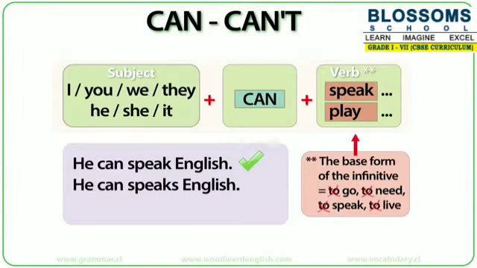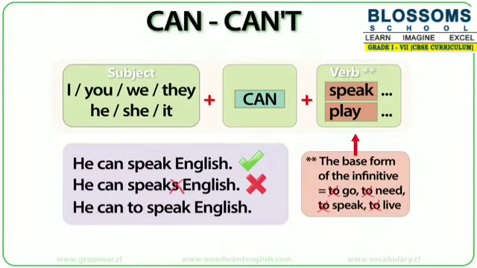The next sentence, is it correct? He can speaks English. No, it is not correct. Why? Because with can, there is no S after the verb.